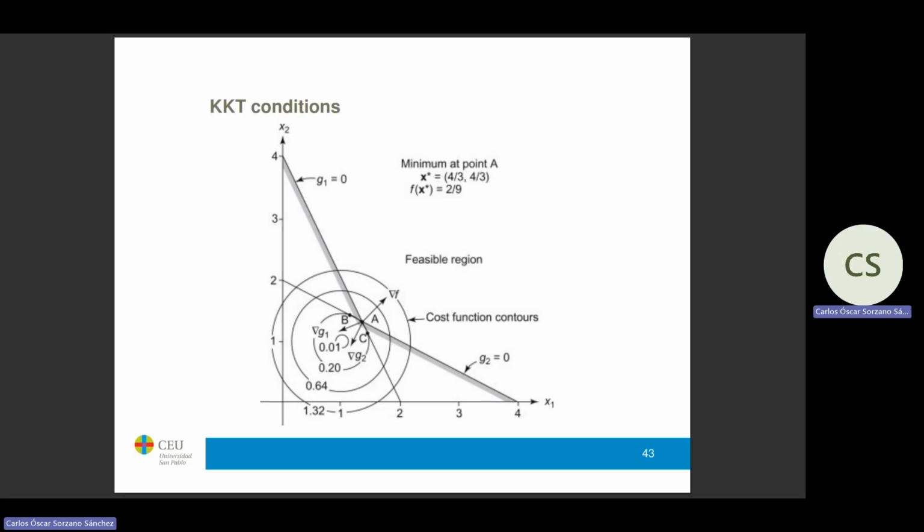For this constraint, the gradient is also the line perpendicular to it. And what we are saying is that the gradient of your function has to be in the space spanned by these two.